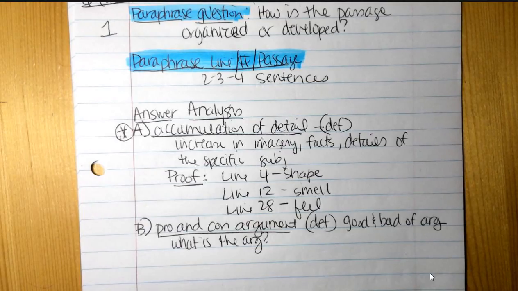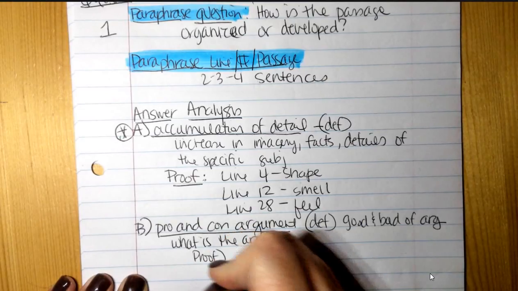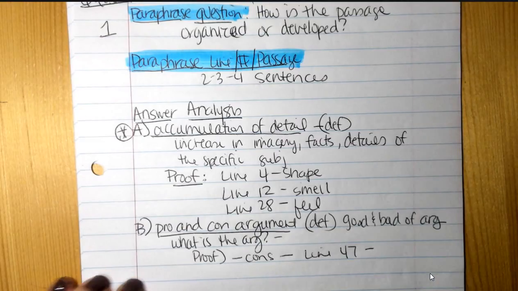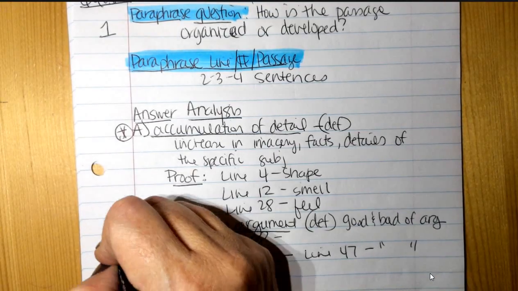This could be the distractor, where there is an argument and there are only cons to it. Or there is an argument and there are only pros to it. So this would be the distractor. Do you understand that? So, what is the argument? Where is your proof? You may only have cons. Right? And then you could label this the distractor.